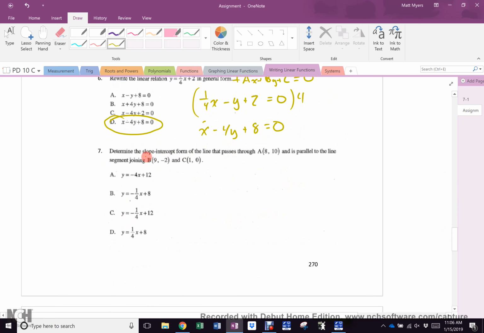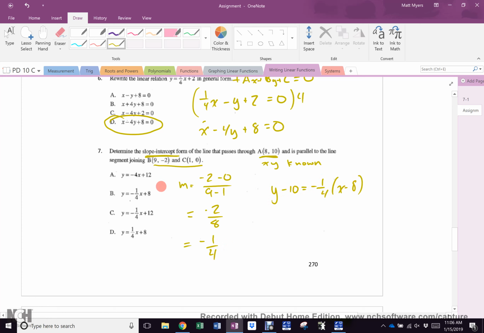Determine the slope-intercept form of the line that goes through there. There's my x and y that are known. And these will give me my slope. Slope equals negative 2 minus 0 over 9 minus 1, which is negative 2 over 8, which is negative 1/4. So I have y minus 10 equals negative 1/4 (x minus 8).